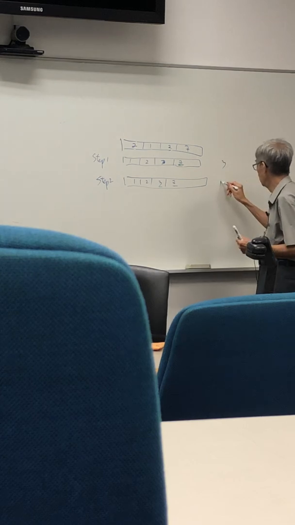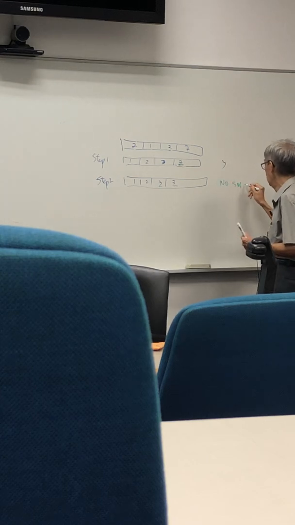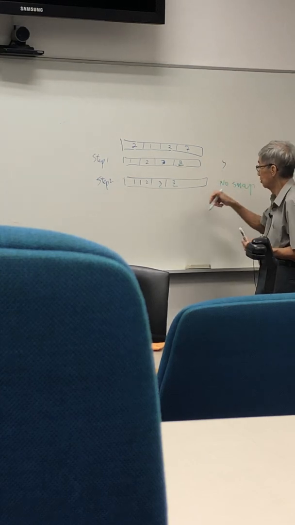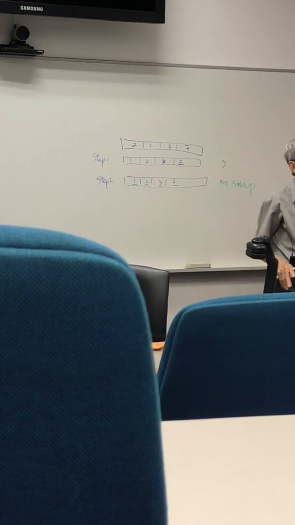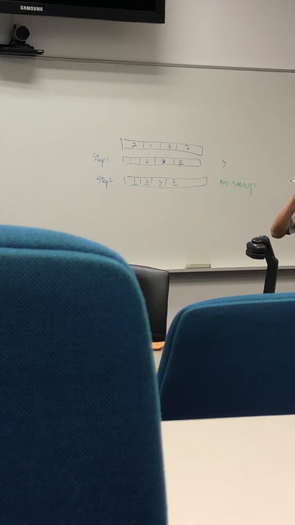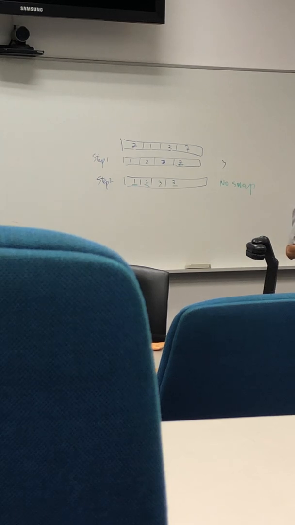And no swap. From here to here there is no swap. That means all the elements are sorted. No swap means all the elements are sorted. If some elements are not in order, definitely there will be some swap in the step.